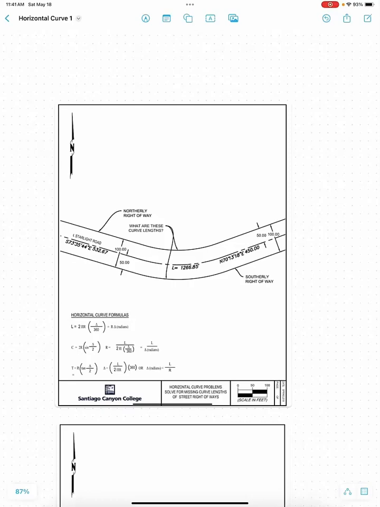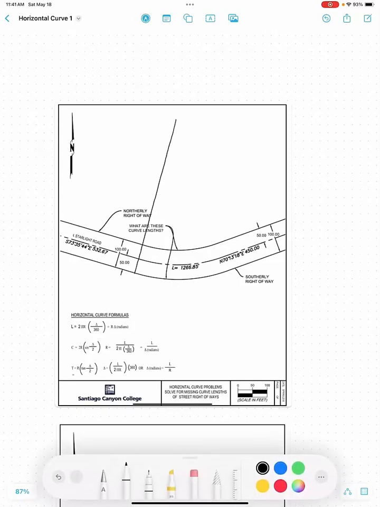This one we got to do a few different operations on, not quite as simple as the last one. So first things first, what do we have here? They are looking for curve lengths. So first things first, we want to just quickly identify exactly what it is that we're looking for.